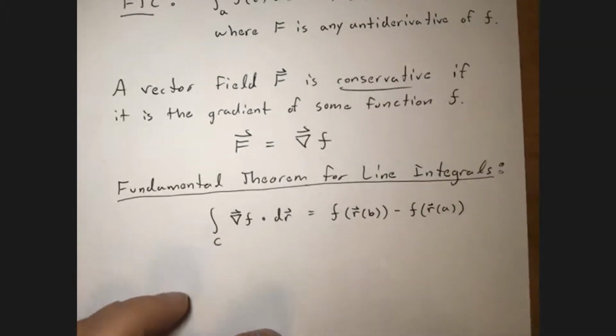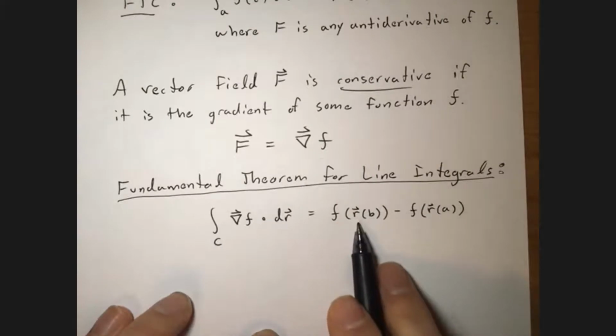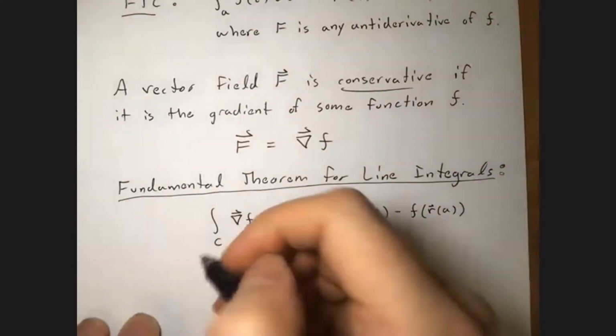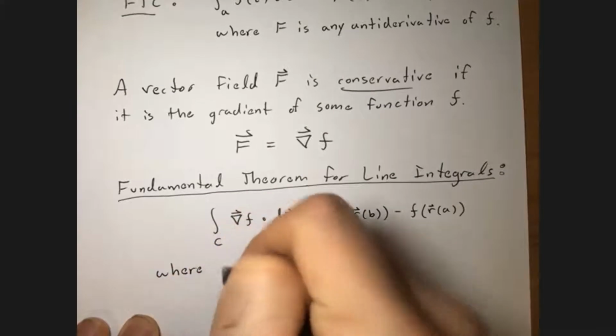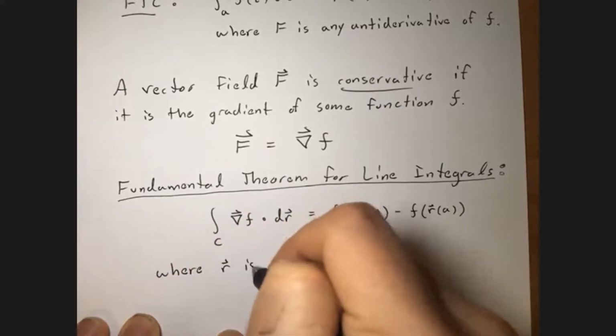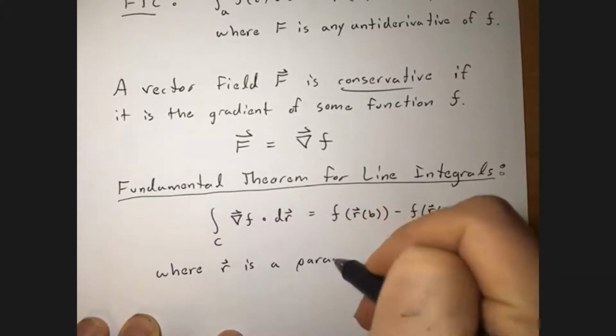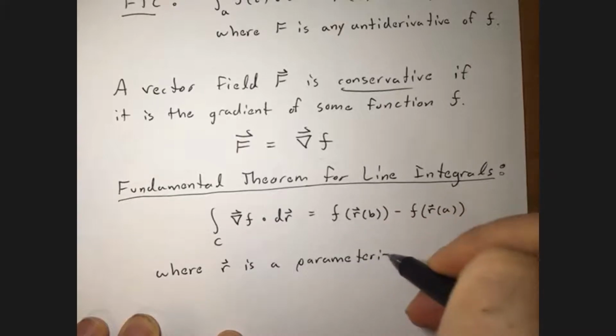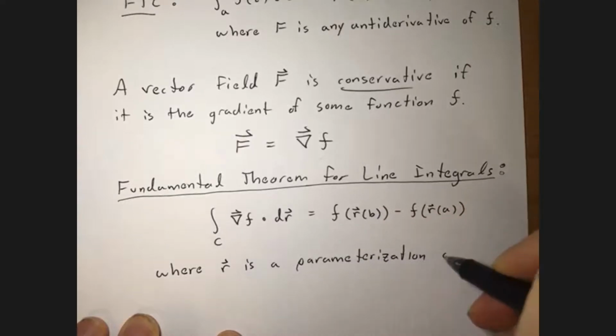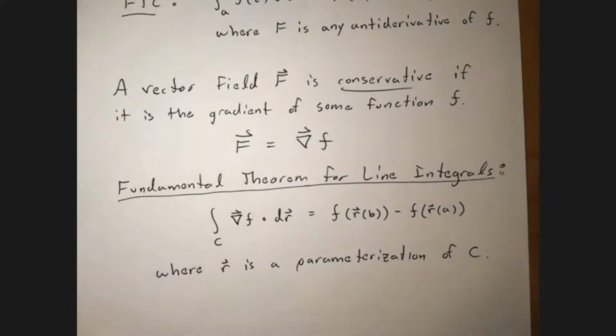What is r? r is the parameterization of this curve, right? So we came up with an r in the last problem where we found a set of 4 r's that parameterize that rectangle. That's what r is.